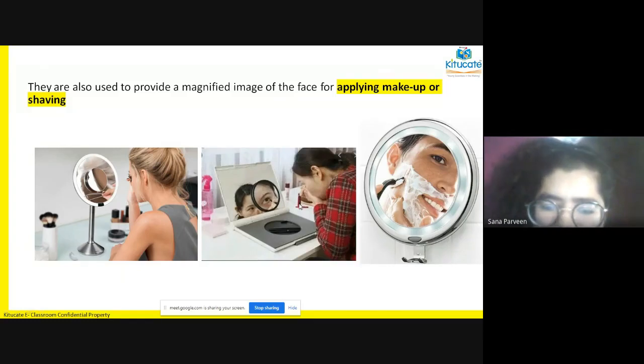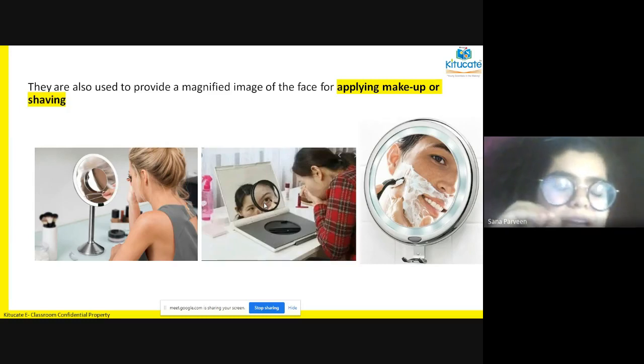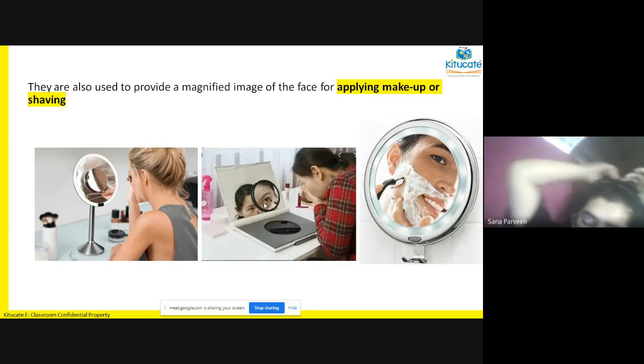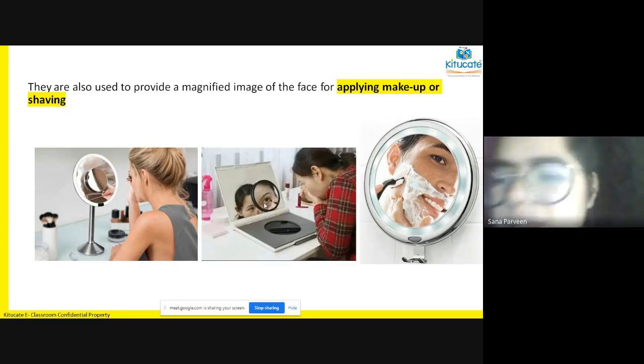So she needs a mirror which is going to show her face in an enlarged form. The image should be magnified, for which she is using a concave mirror.